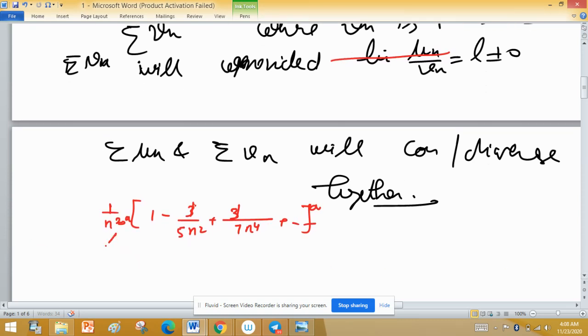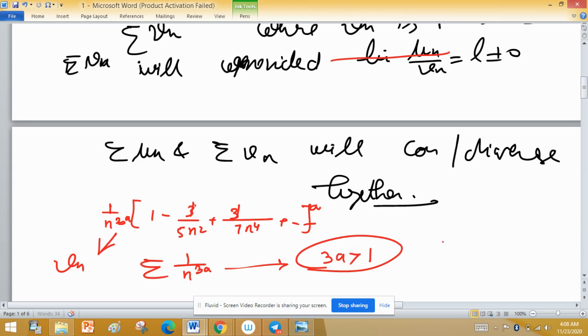So consider this as our vn, and the series is 1 upon n raised to the power 3a. This series converges only when 3a is greater than 1, because this is a p series, and the p series summation 1 upon n raised to the power p is convergent only when p is greater than 1.